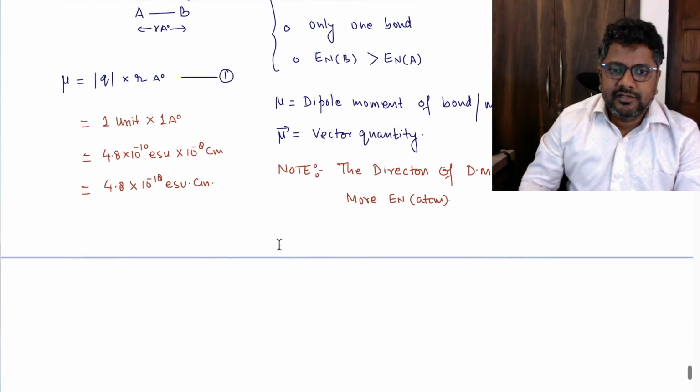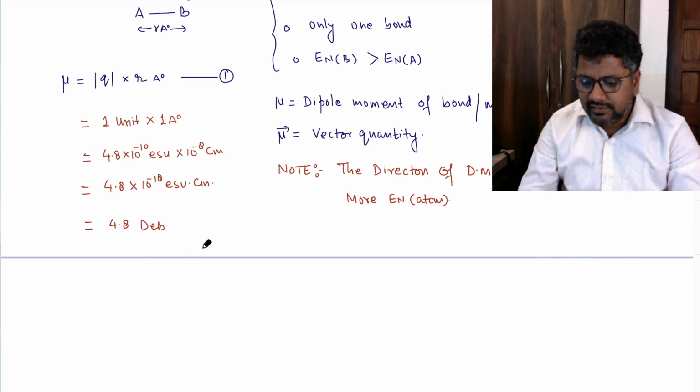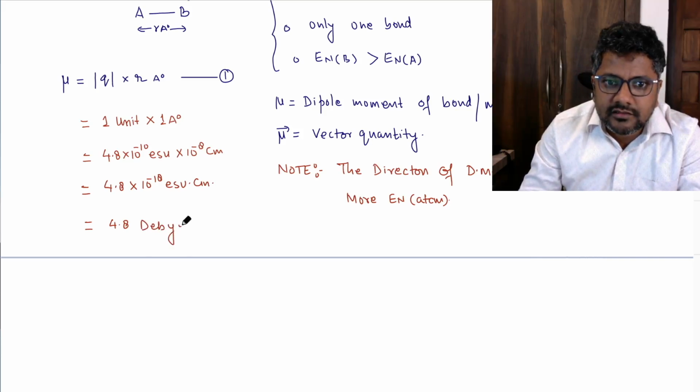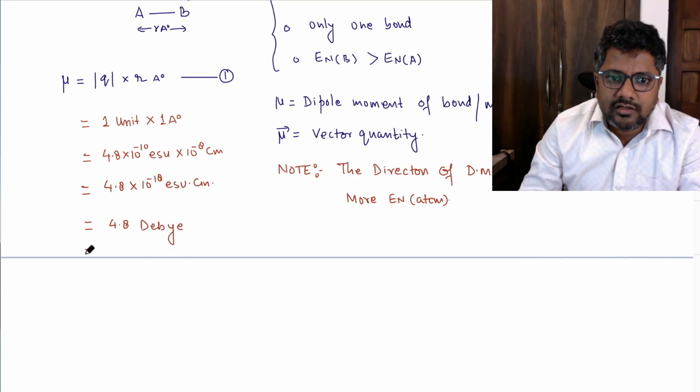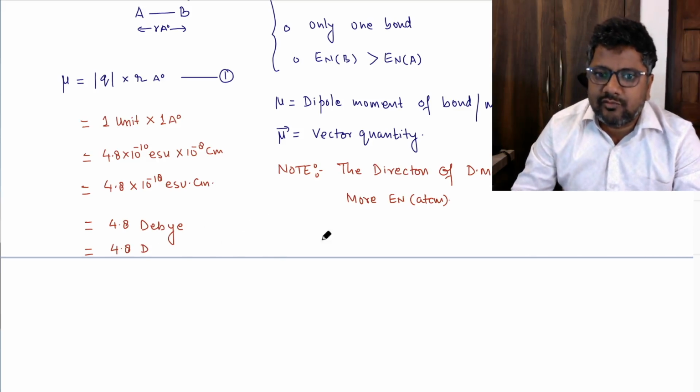Now this is equal to 4.8 debye, or you can write 4.8 D, capital D. Debye is the unit of dipole moment.